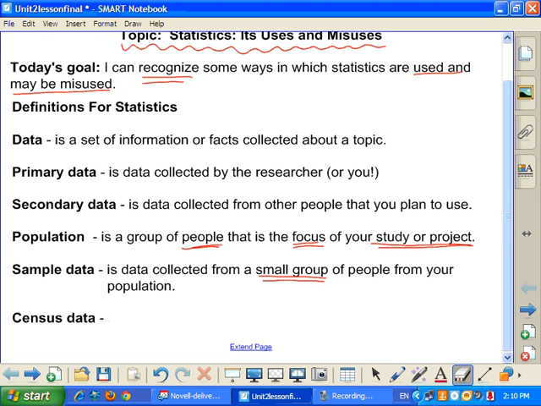And finally, census data. This is when you collect information from every person in your population. So that means you'd be interviewing everyone, or you give everyone a survey, which is great, and we're going to talk about pros and cons in a sec, but there's some drawbacks to that, obviously, if you have a very big population.